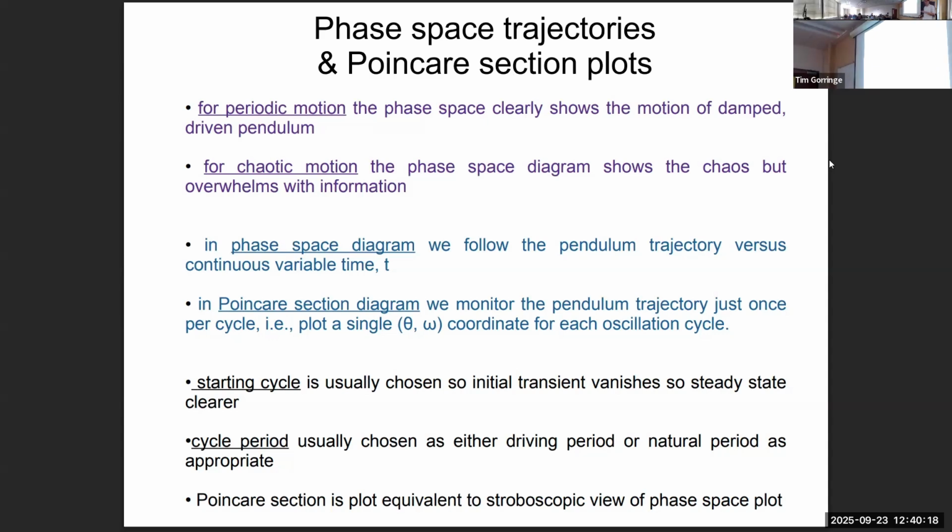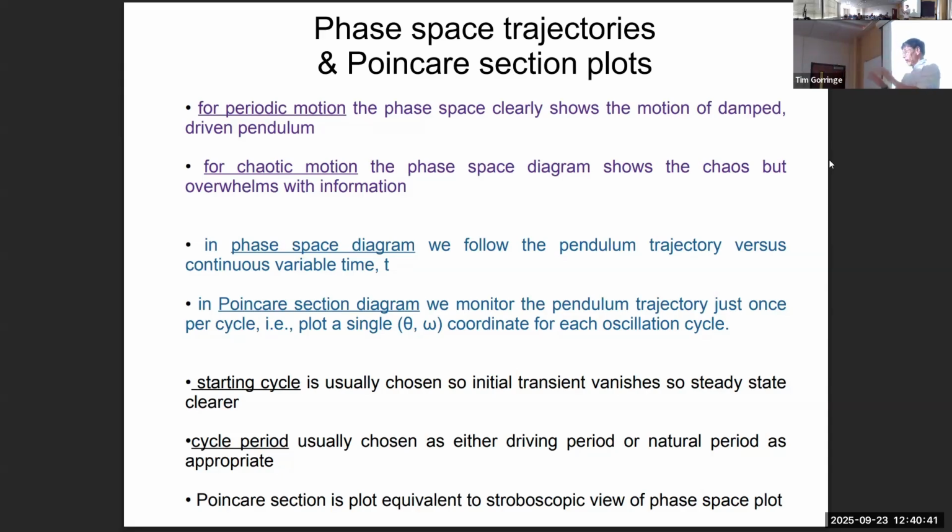Okay, if you want to imagine a Poincare section plot, imagine you've got a pendulum in the room, hanging there, swinging to and fro. We switch the lights out, we can't see the pendulum. And then we put on a stroboscopic light that flashes with the natural period of the pendulum, or with the driving period of the driving force.